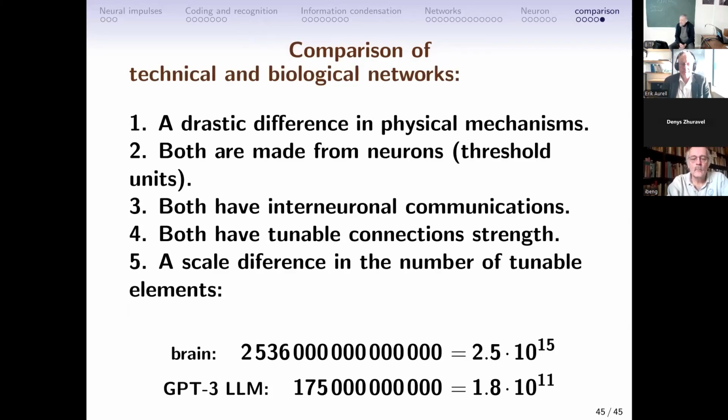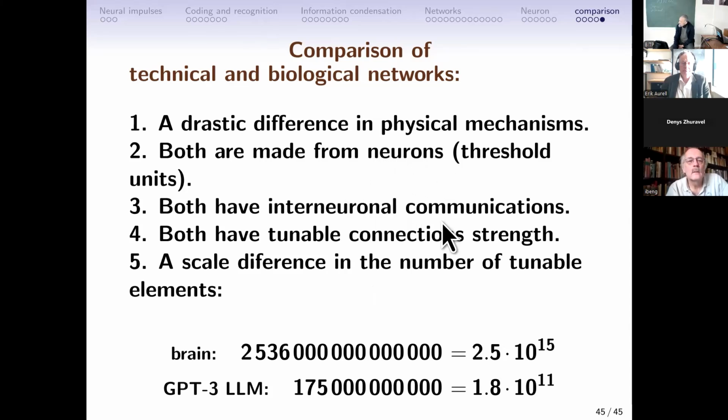And finally, I would like to make a comparison of the technical networks we have heard about in the first three talks here with real biological networks. Actually, they have more in common than they differ, because both are made from neurons, which are threshold units.